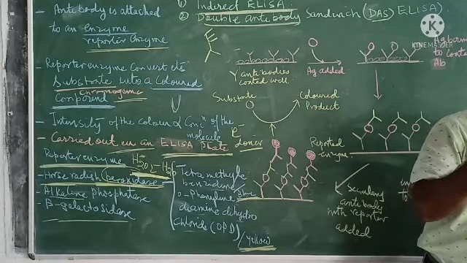We can discuss it by this diagram. Suppose this is the surface of the well where antibodies are coated. These antibodies are non-specific, not for any particular virus, for example HIV or HBV.